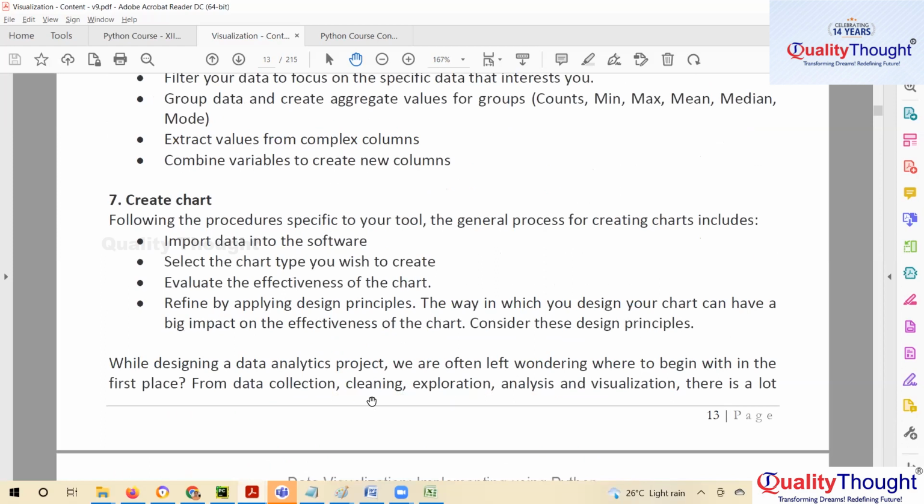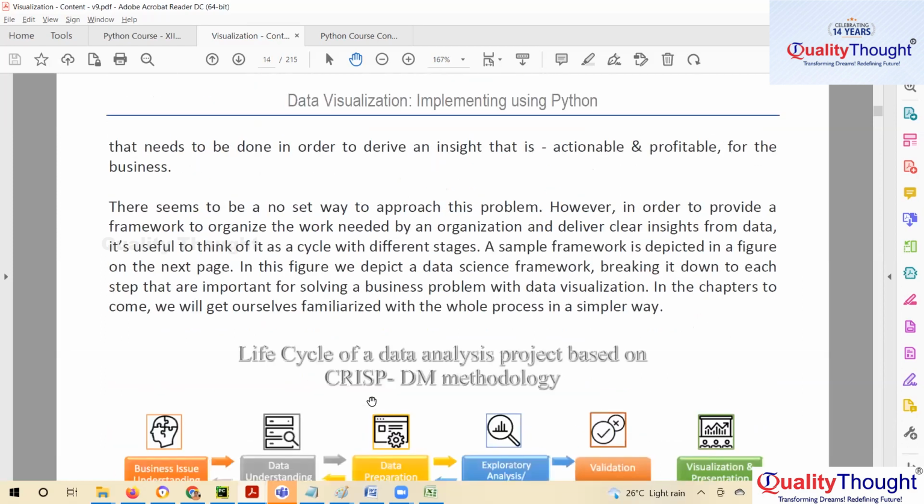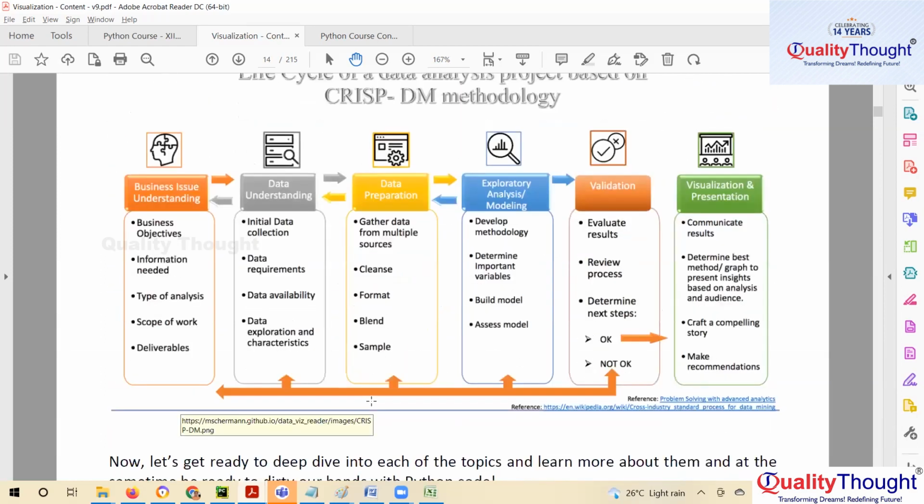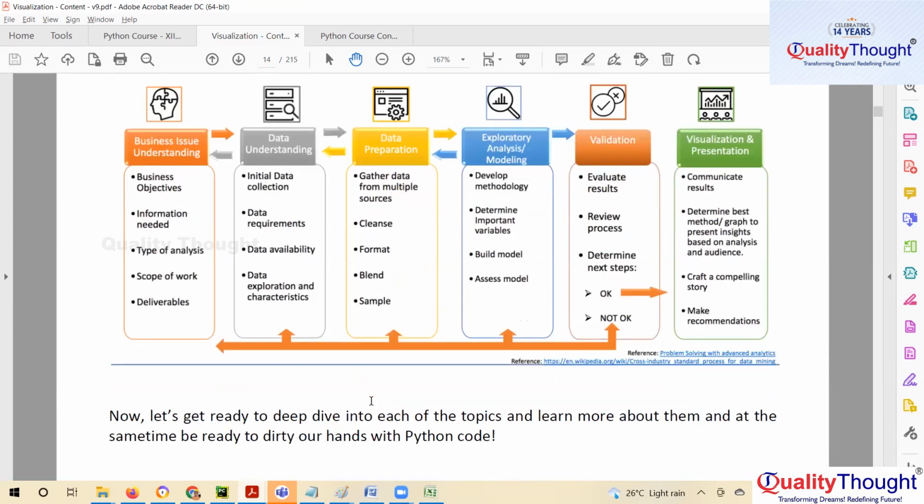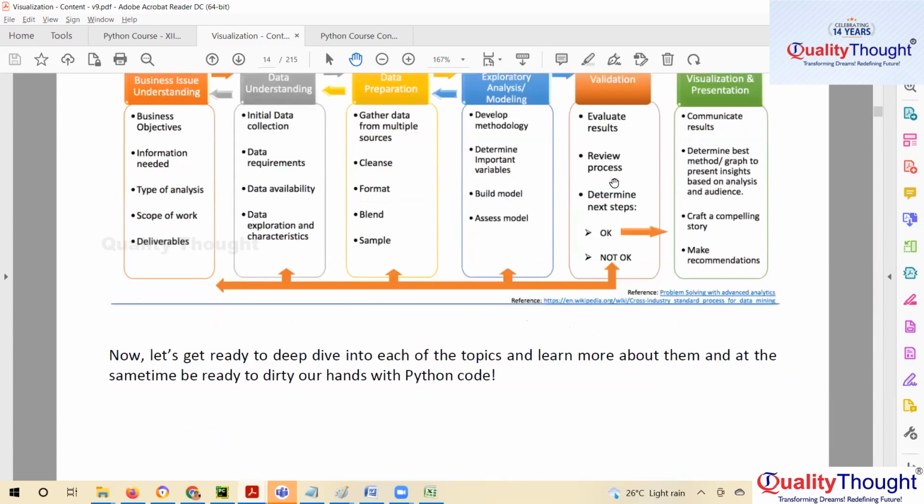Once the chart is created, you will share it with your business people. So this is the process: business understanding, then data understanding, then you prepare the data, then you analyze the data, validate to make sure that data is correct, and finally you present it. This is what we are going to do starting now.